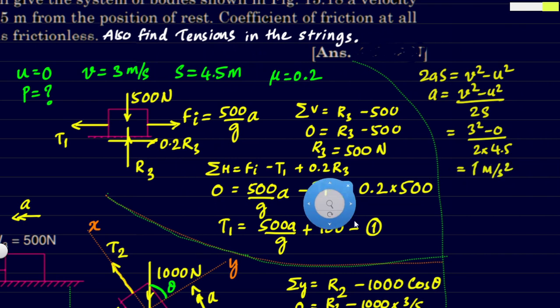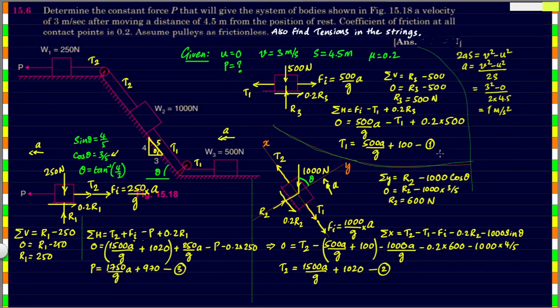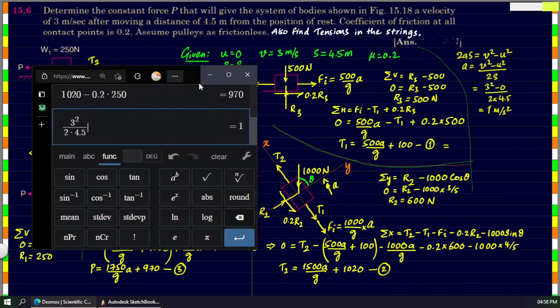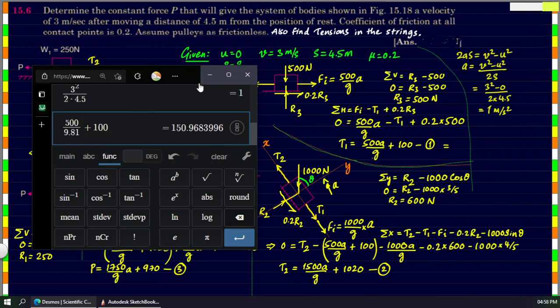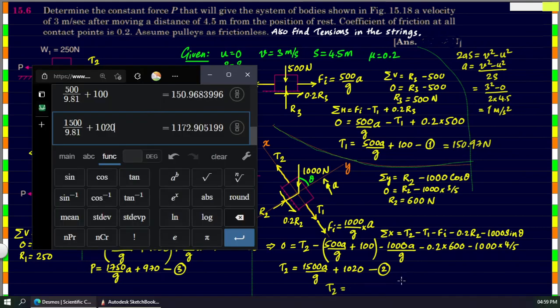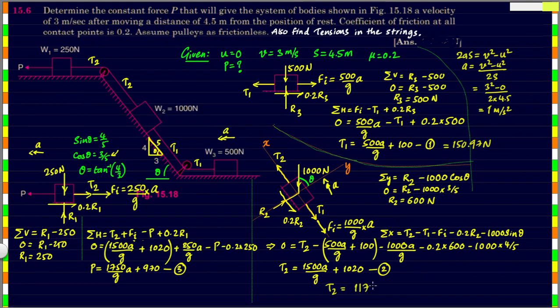Substituting these values, we will be able to find the values of T1, T2 and P. So here T1, if you substitute this, we get 150.97 newtons. The same if we substitute here for T2, we will get the value of T2 as 1172.91 newtons.